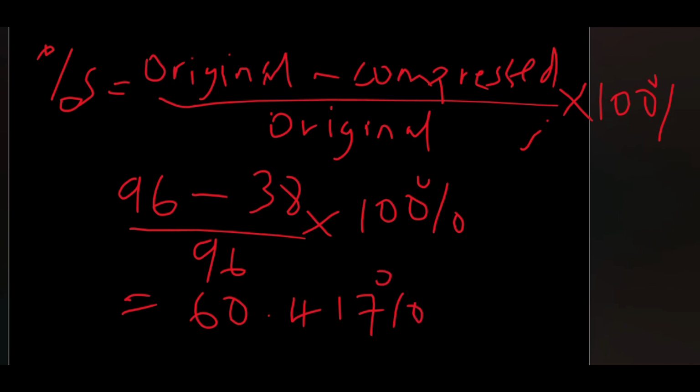We've been using the Huffman algorithm, and we've been able to save a space of 60.417%. Because it is lossless data, the original quality of the string doesn't reduce before it is transmitted to the receiver end.